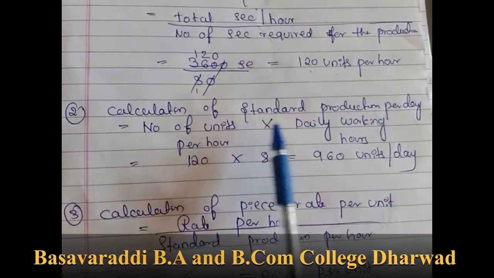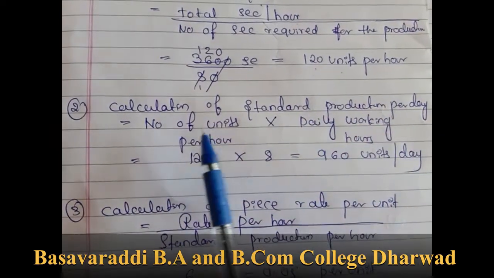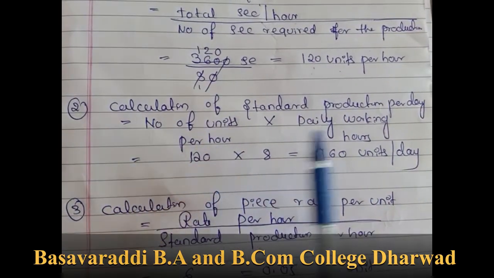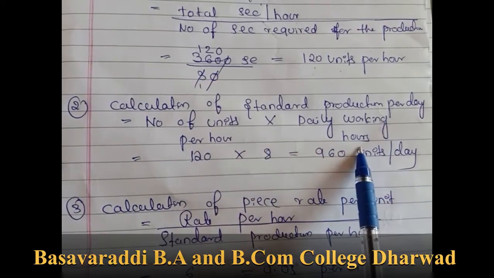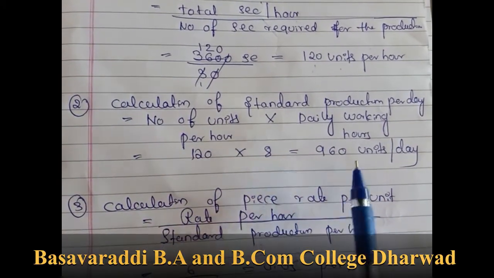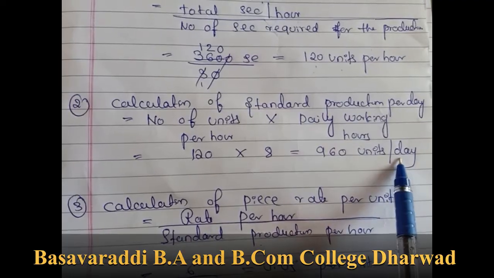Second, calculation of standard production per day: number of units per hour into daily working hours. 120 into 8, 960 units per day.